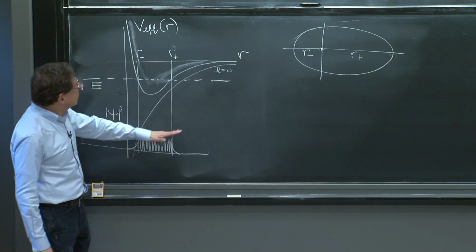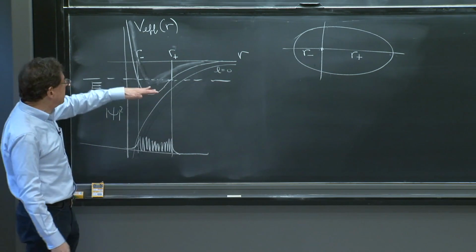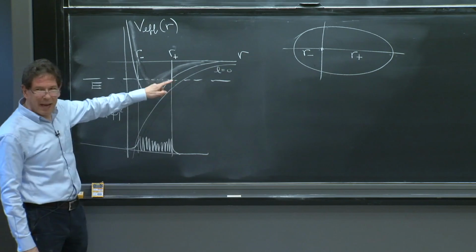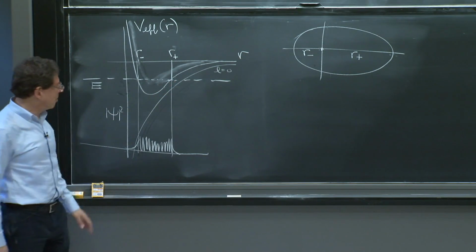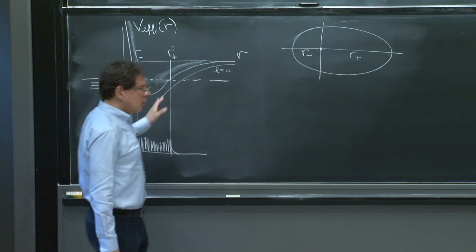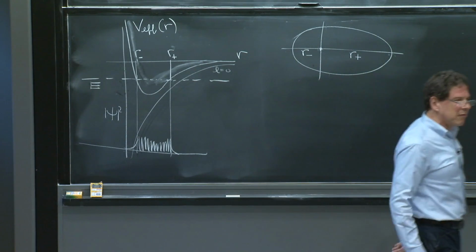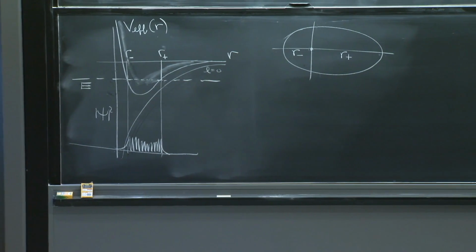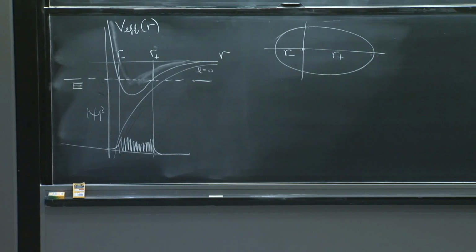So the probability distribution will sort of mimic the time spent by the particle, as we used to argue before. So let's do a little exercise of calculating the turning points.